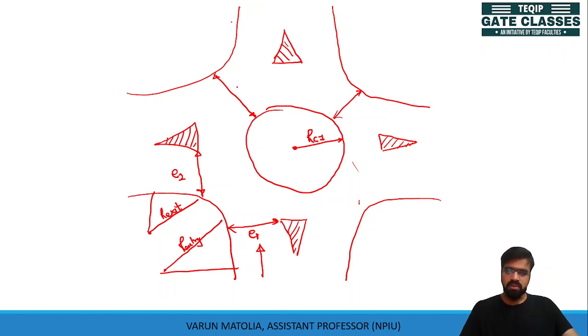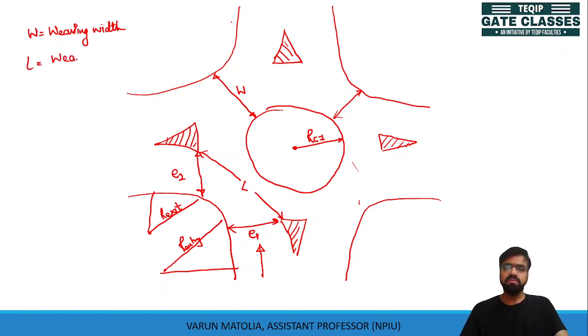So this is your W. W is your weaving width, and here this is your L, distance between two splitter islands, and L is your weaving length.